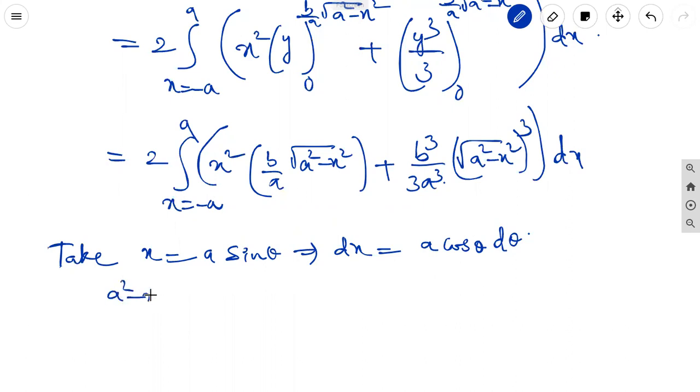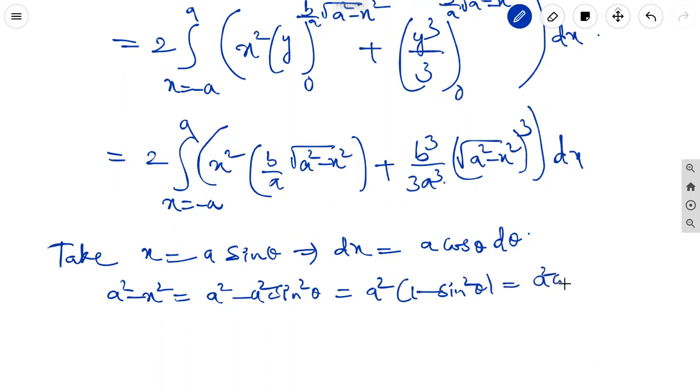Next, a square minus x square equal to a square minus a square sine square theta. Taking a square common, 1 minus sine square theta equal to a square cos square theta. Take the under root, a square minus x square equal to a cos theta. Next, we can find out the limits also.